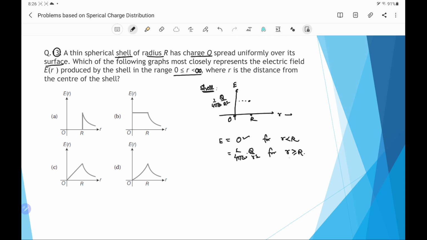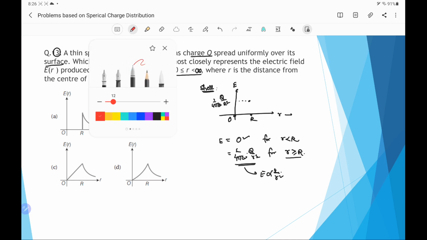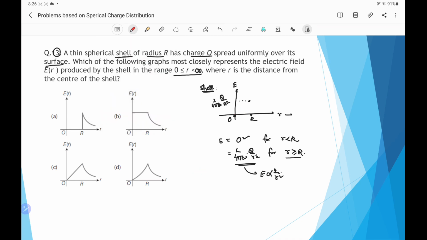After capital R, that means for r greater than capital R, it decreases inversely proportional to r square, 1 by r square. Therefore, the graph is 0 up to R, and at R its value becomes 1 by 4 pi epsilon naught q by R square, and after that it decreases as per the relation E proportional to 1 by r square.